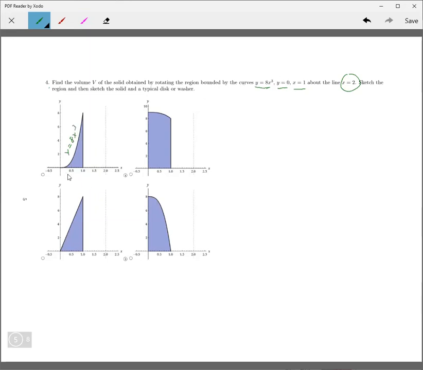Y equals 0, that's the bottom right here. And x equals 1 is this right here. And you're going to rotate it about that curve there. Whoa, this is weird. Everything went away.